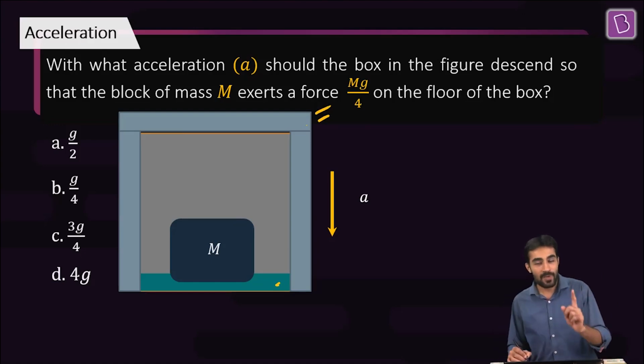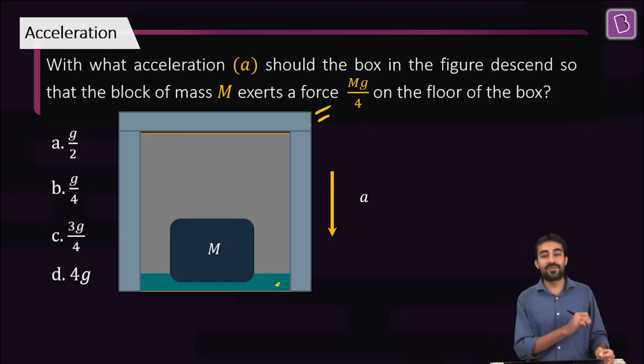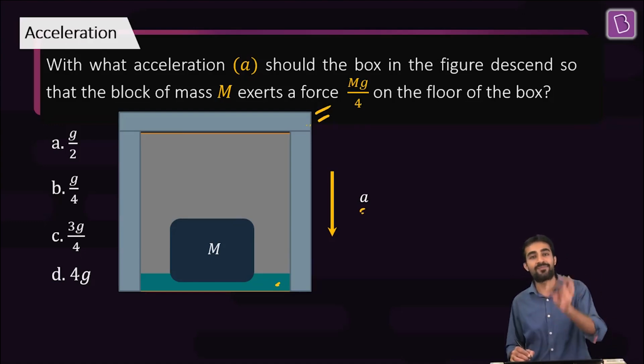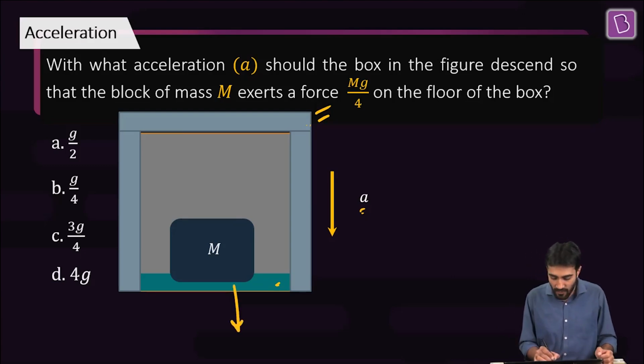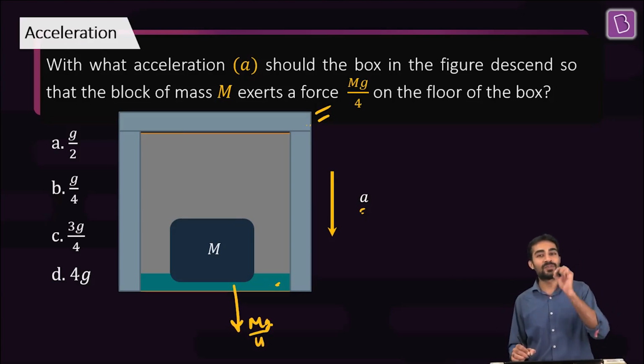Alright. Now, it is said that this elevator is undergoing some acceleration. And we have to find what is the value of this acceleration if the block of mass capital M exerts a force mg by 4 on the floor of this bigger box or the elevator.